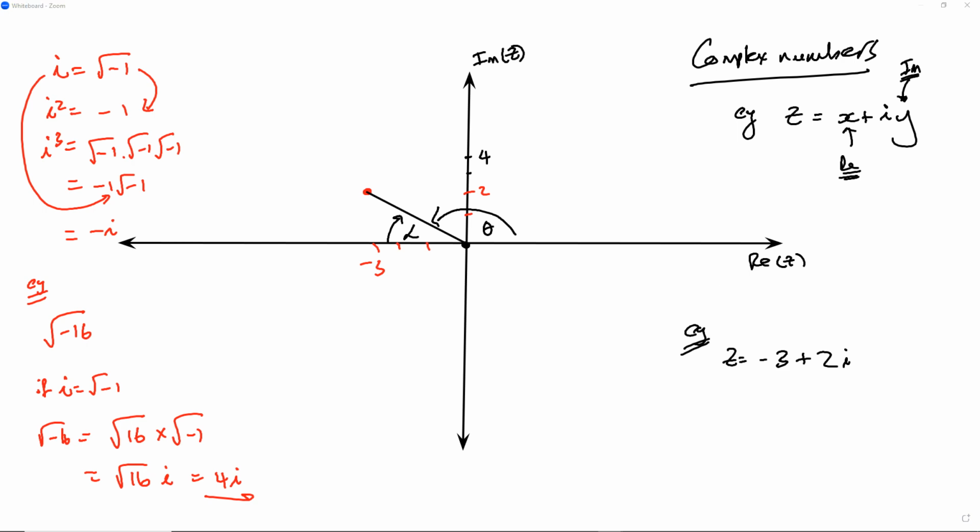So what is the modulus of a function? The modulus is like the magnitude of a complex number. Let's look at it separately. Let's say I want to find the modulus of z, which is equal to a plus ib.